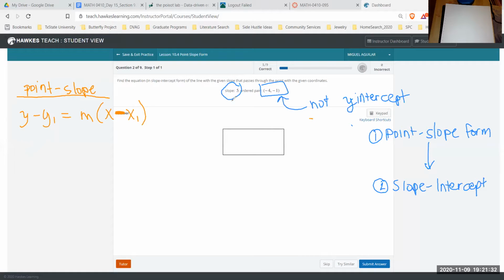And we've been given our m here, it's 5, and we've been given x1 and y1 here. So all we have to plug in, okay, we're going to leave the y alone, minus y1, and y1 is -1. So we'll put minus -1 is equal to 5 times x minus x1, which is -4.